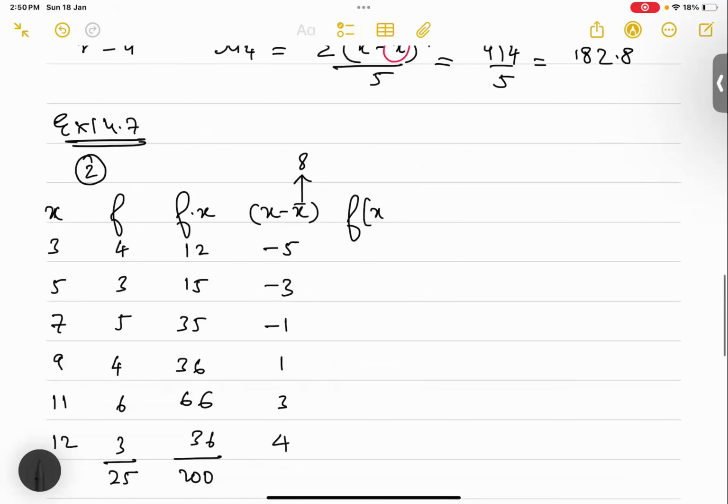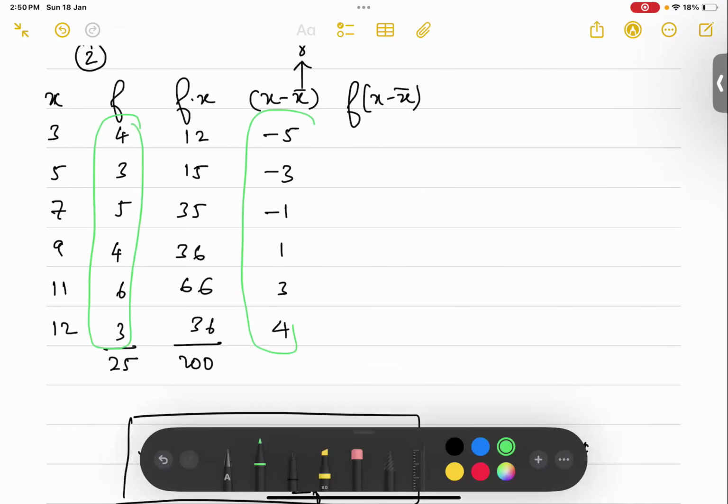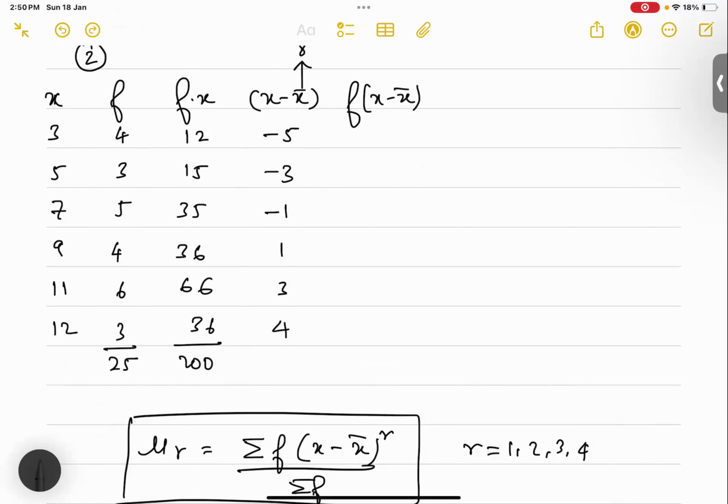That is minus 20, minus 9, minus 5, 4, 18, and 12. What is the total of this? 0. So this is 0 upon 25, which is equal to 0. And as it is, mu 1 is always 0. The first central moment is always 0.